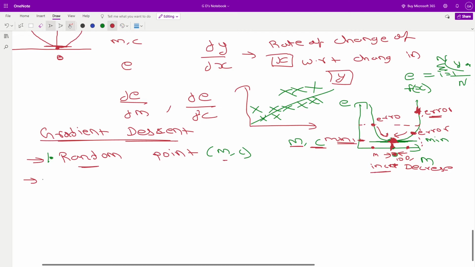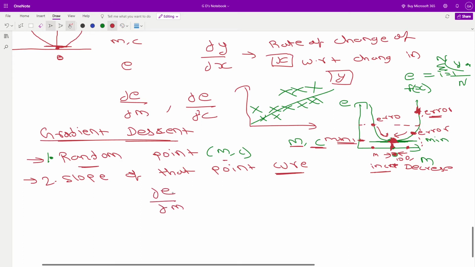Now the next step is to find out the slope of that respective point on the curve. And how do you find the slope? I am finding the slope with respect to error, so it becomes dE by dm.